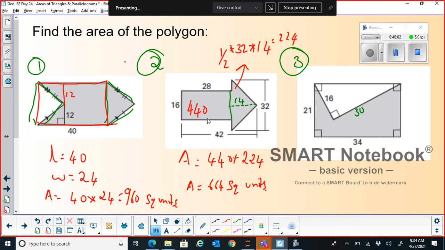Okay, you can give a little more detail, like area was length times width plus half of base times height.